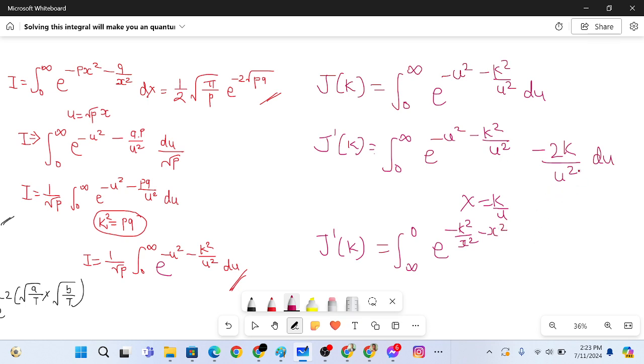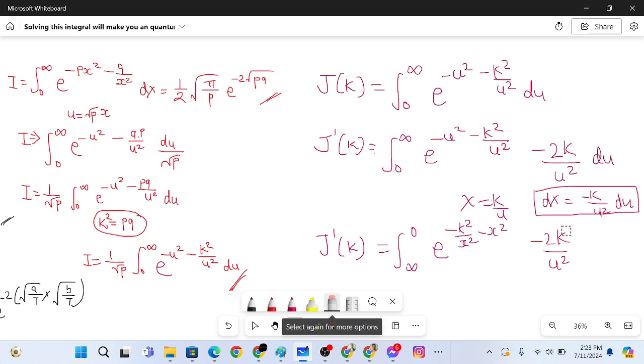Over here we will have minus 2k by u square, and since x is k by u, dx will also be minus k by u square du. So since this is minus k by u square du, I can erase this k by u square and this minus sign, and write it as dx.